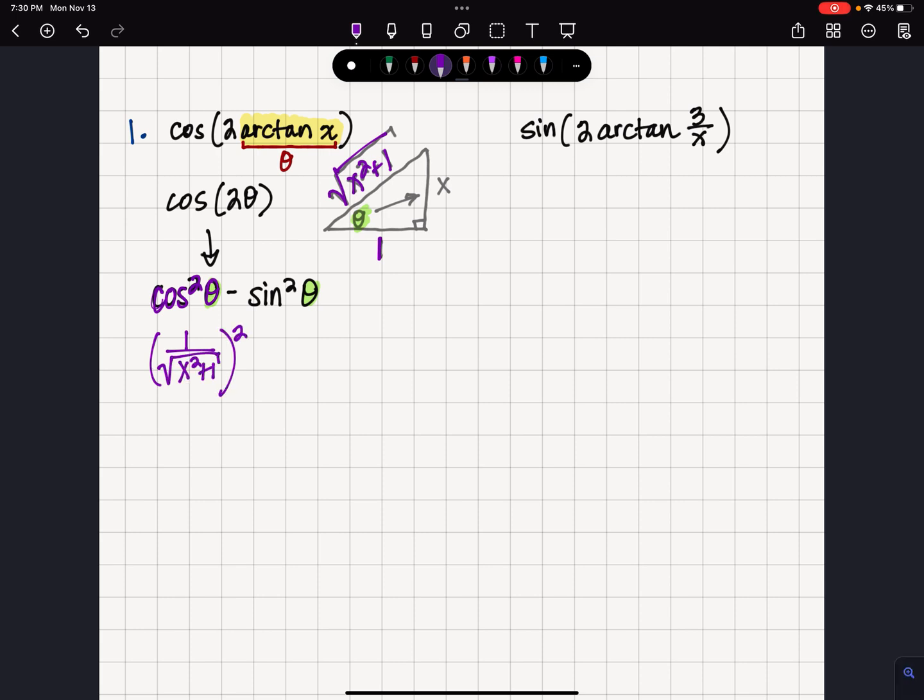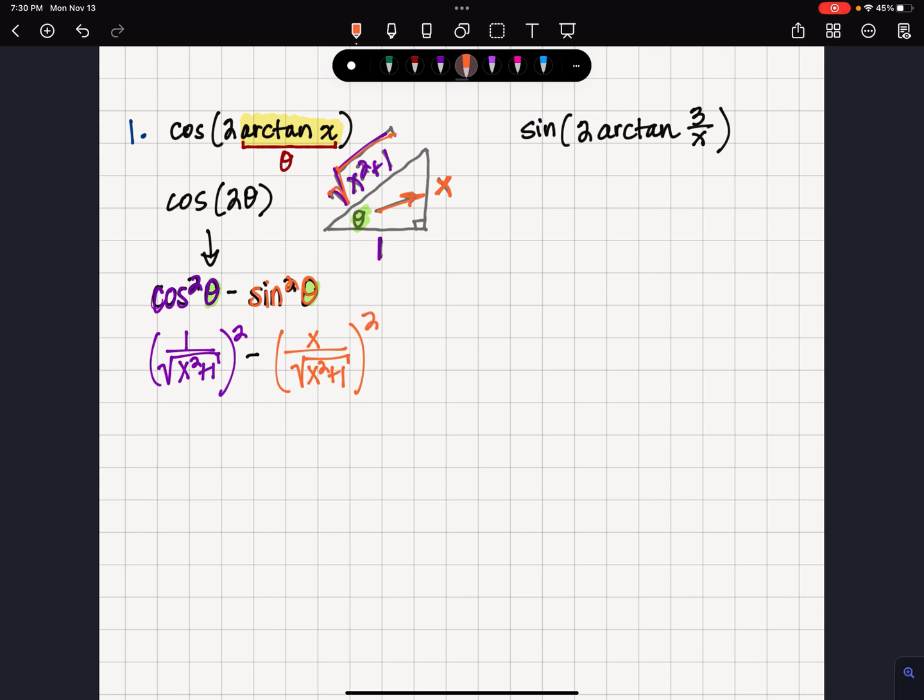So if the cosine is 1 over the square root of x squared plus 1, cosine squared would be that ratio squared. And then we have minus sine squared of theta. Well, the sine of theta is the opposite over the hypotenuse, and that value is squared.